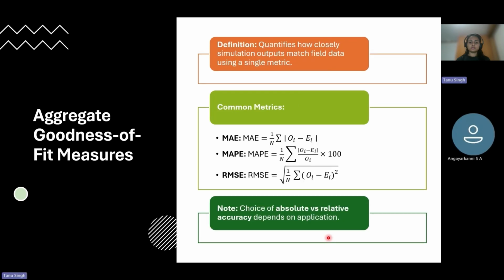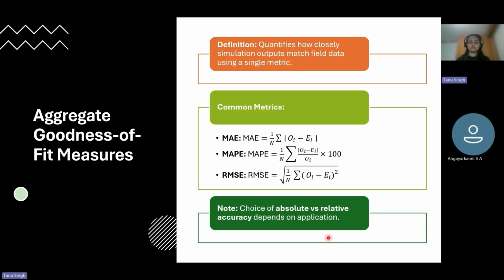To quantify how well the simulation matches the real world data, we use aggregate goodness of fit measures. These combine multiple performance measures into a single metric. Three common metrics are MAE, that is mean absolute error, which is 1 by n times the summation of the difference between the observed and the simulated data.